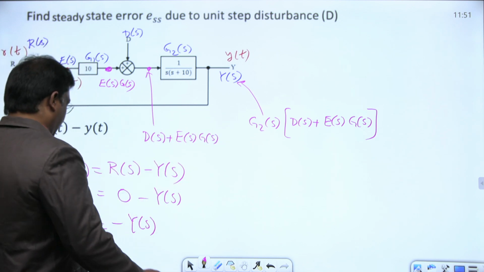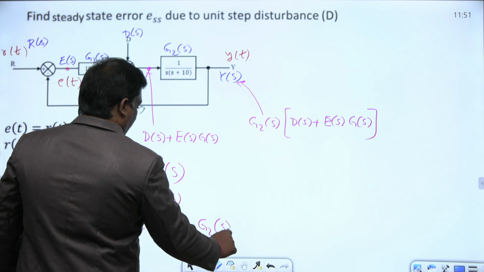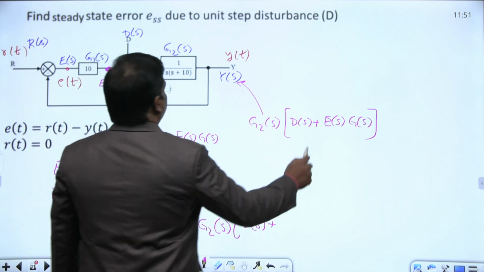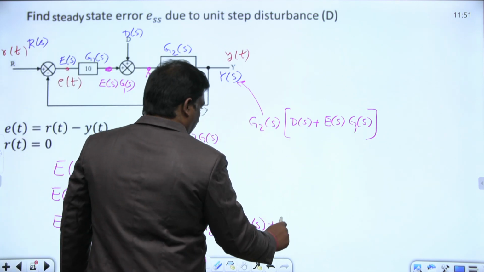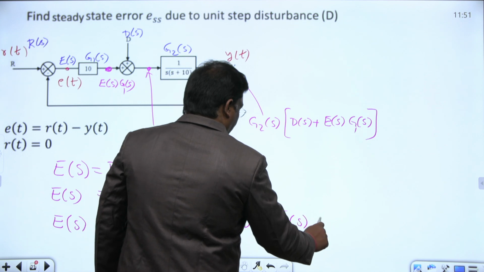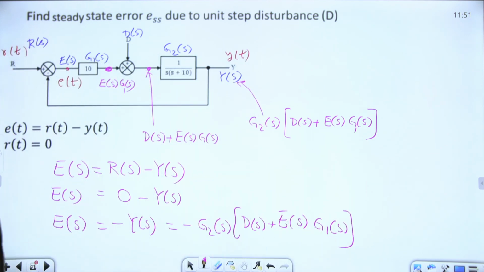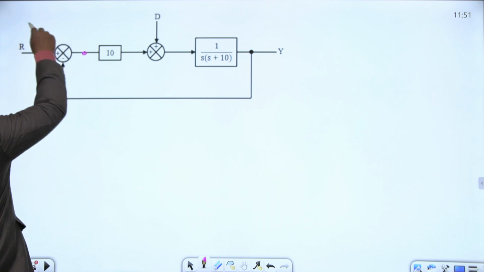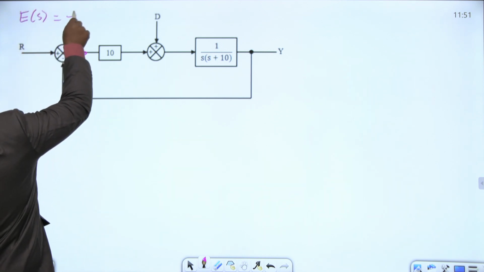This is the Y of S. This is minus G2 of S into D of S plus E of S into G1 of S.